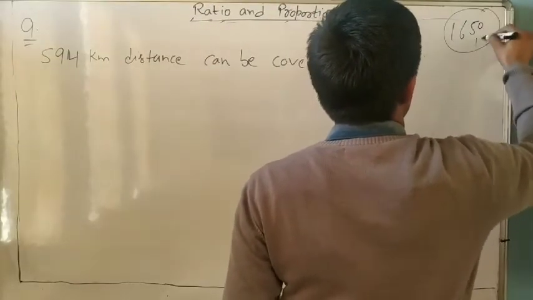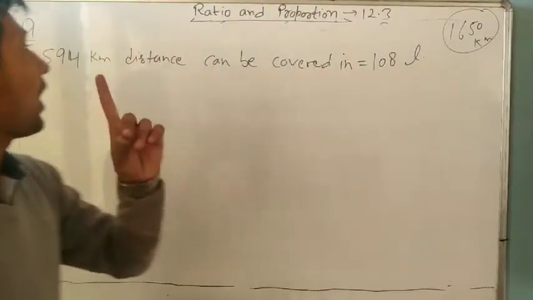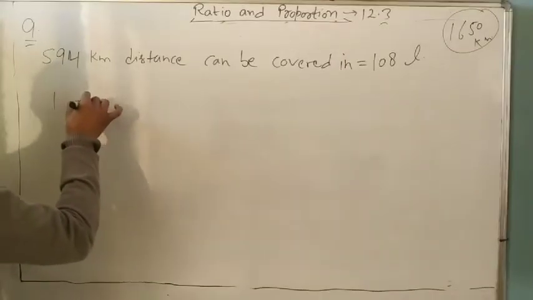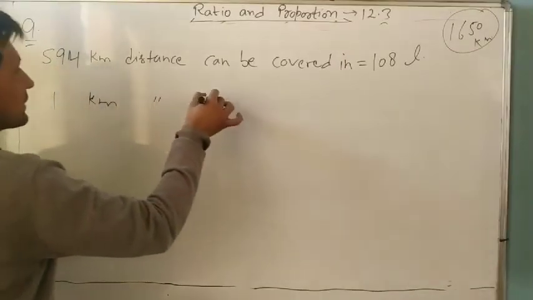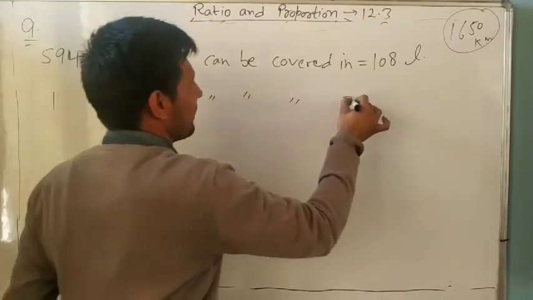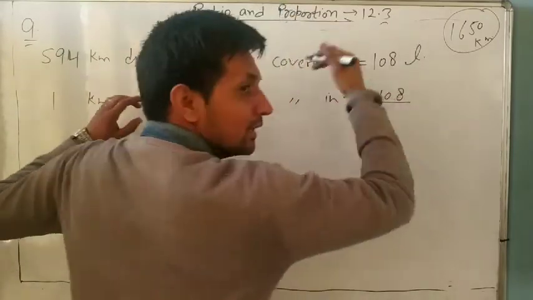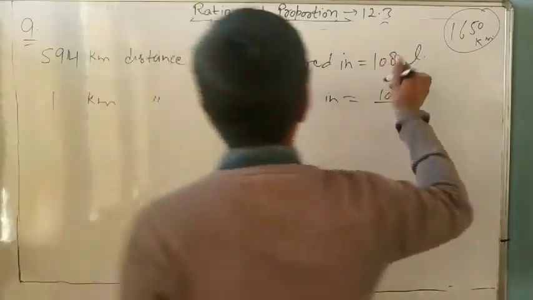We want to find how much liter we need for 1650 kilometers. So first we will find how much liter we need in 1 kilometer. We write: 1 kilometer distance can be covered in how many liters? Always after the equal sign we will write in the numerator.